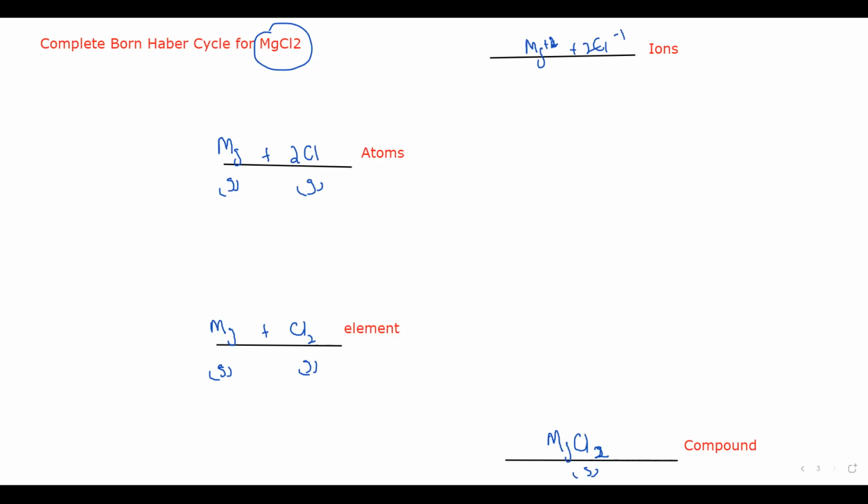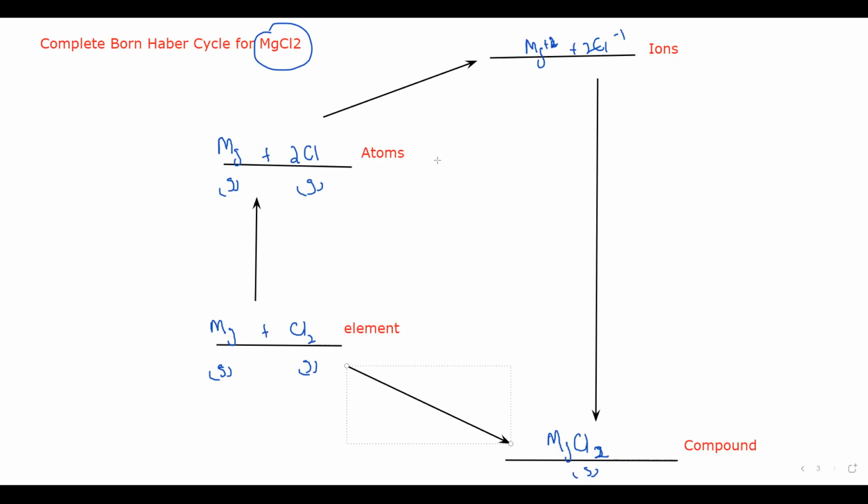So what happened? The elements turn into atoms, the atoms turn into ions, and the ions form the compound, which is the same as the elements directly forming the compound. So what is this energy?